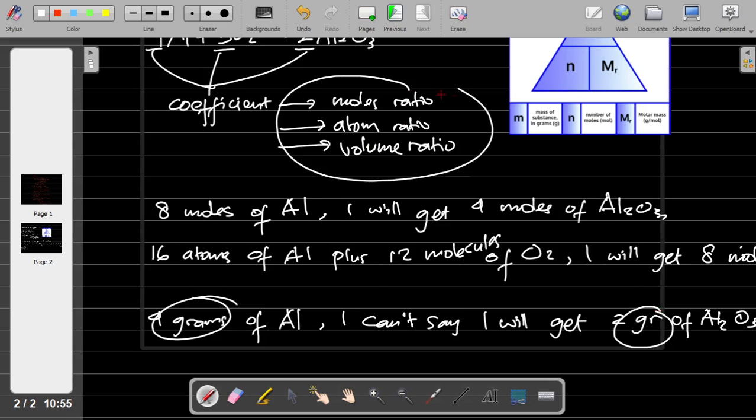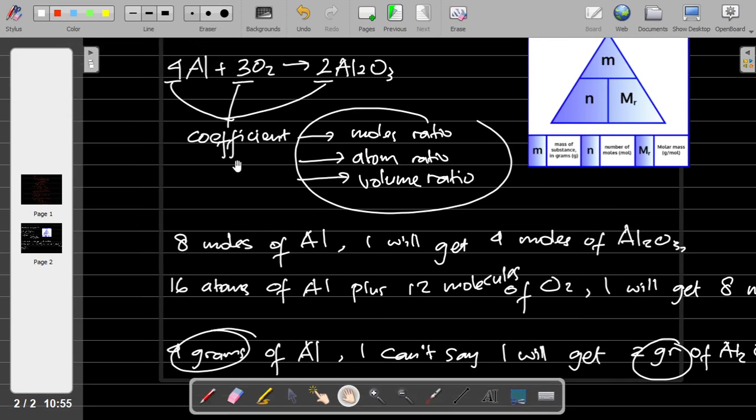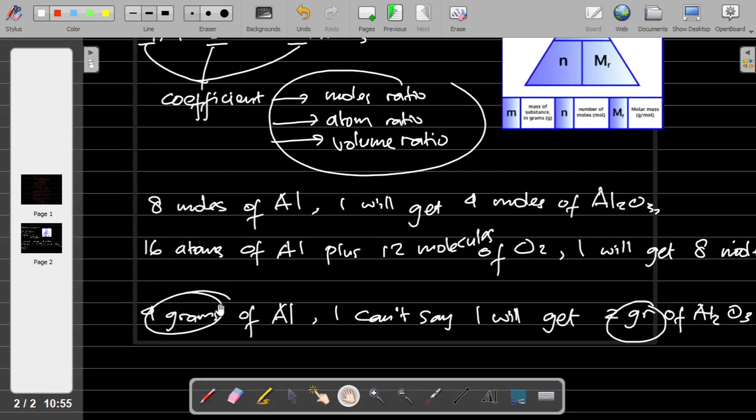It is not moles ratio, it is not atom ratio, and it is not volume ratio. So we cannot make a direct comparison by using the coefficient if we have the information of quantities in the unit of gram.